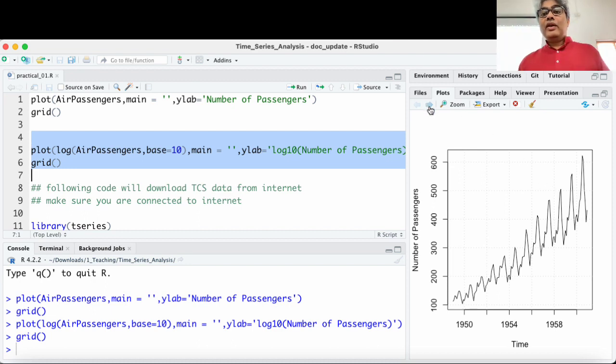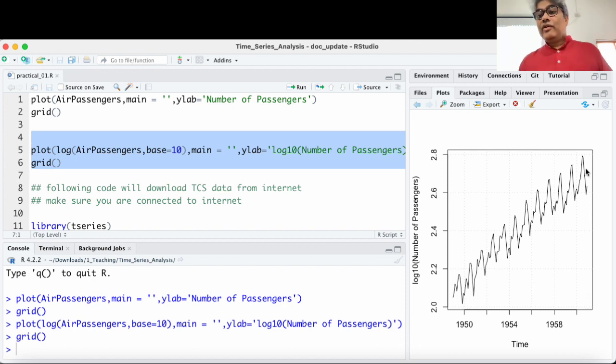But when I'm taking a log scale, the variability is now sort of stabilized. So the homoscedasticity assumption will probably be correct if you make a log transformation. And in my experience, as I said earlier also, economic data, population science data, epidemiology data, if you take log transformations, generally they do pretty well.